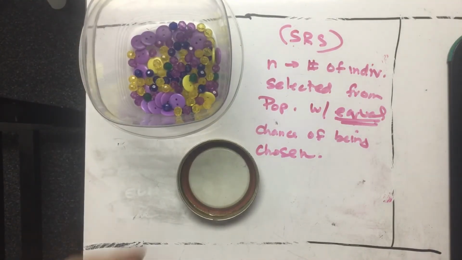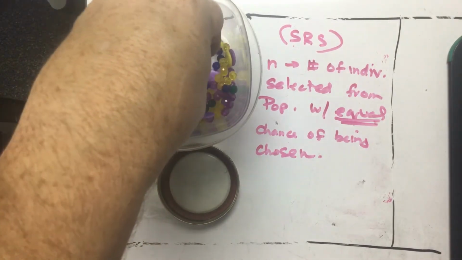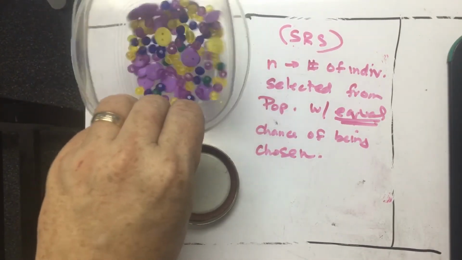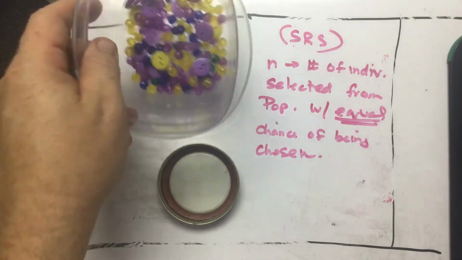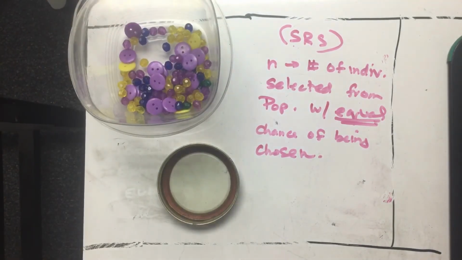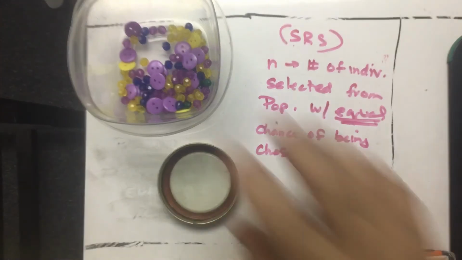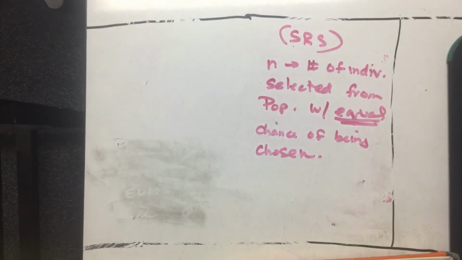So there are 3 ways to do it. The first way is to put the names in a hat, toss them around, or numbers in a hat, toss them around, and then reach in and randomly grab them. The other way is to use what's called Table D, and we're going to go over this in class tomorrow.